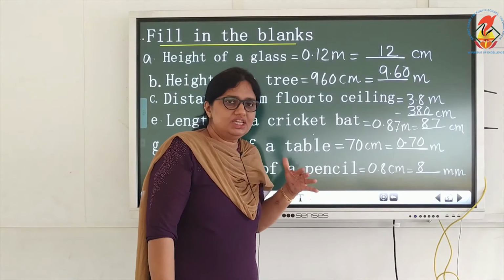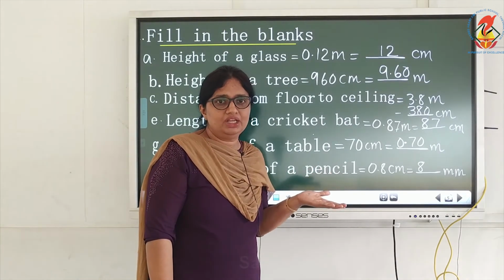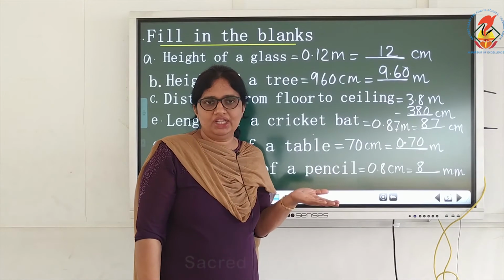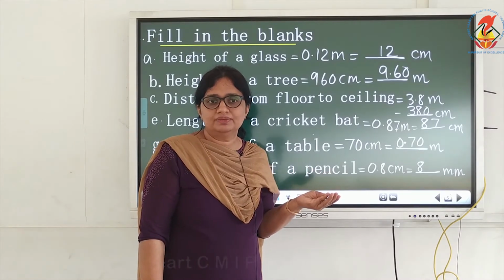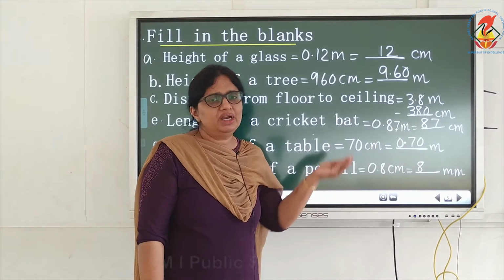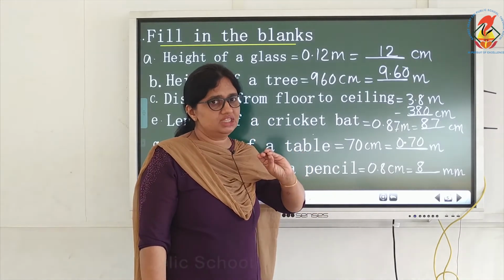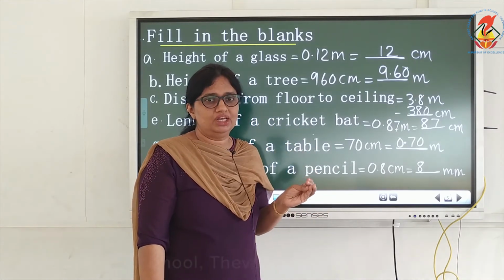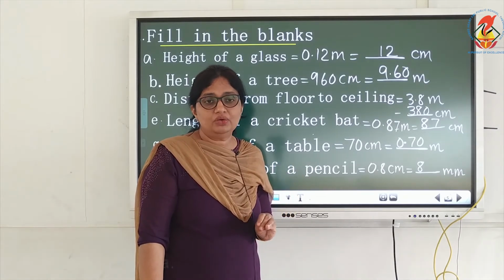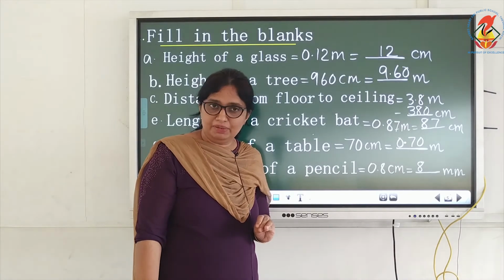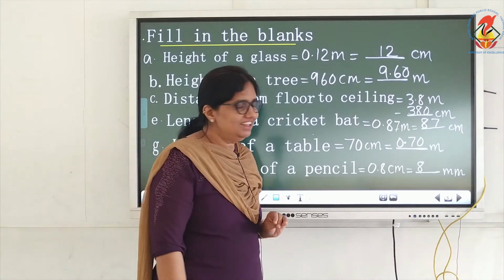If you want to change smaller unit to bigger unit, you need to use what only there? Smaller unit to bigger unit, division only. But sometimes you need to change bigger unit to smaller unit. In that case, you need to use what? Bigger unit to smaller unit, multiplication only. Is it clear? Okay.